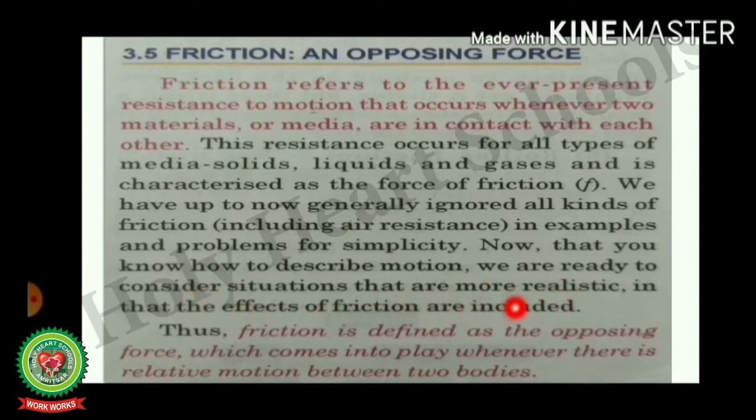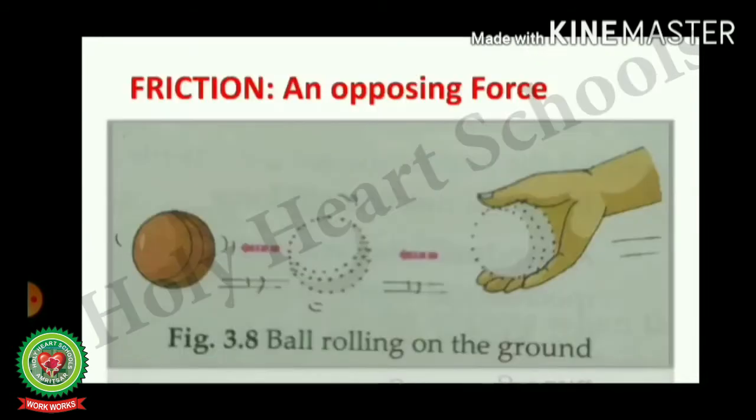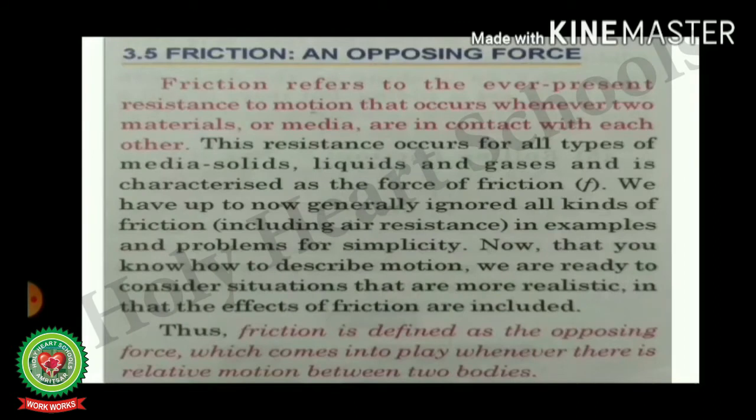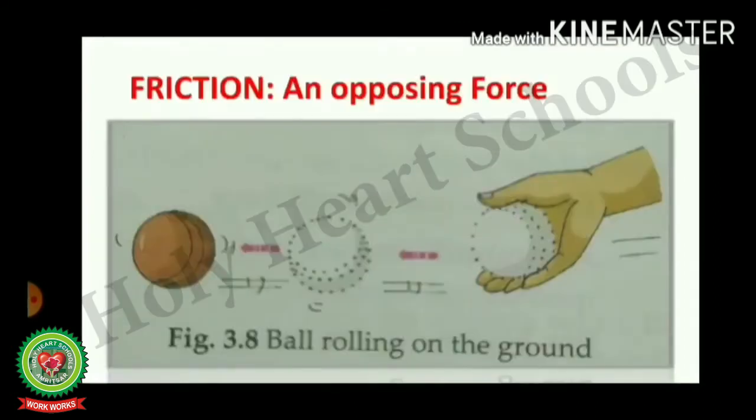Friction is defined as the opposing force, which I have already explained, which comes into play whenever there is relative motion between two bodies. In this example, there is a contact between ground and ball. That is why it stops after some time.